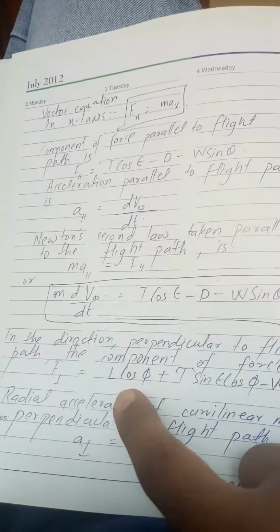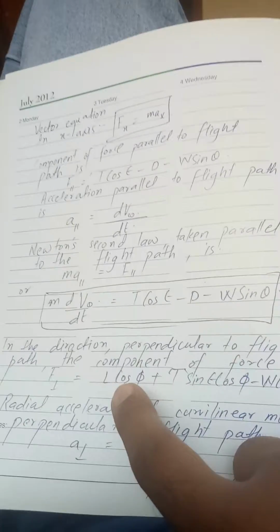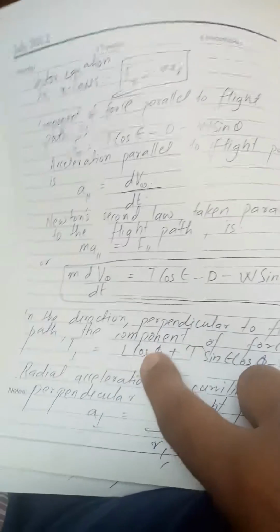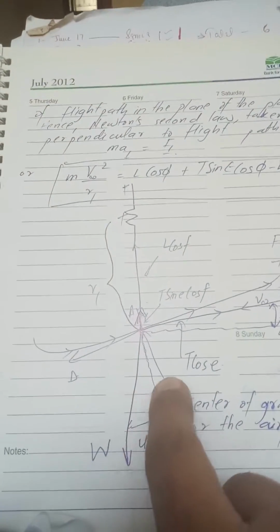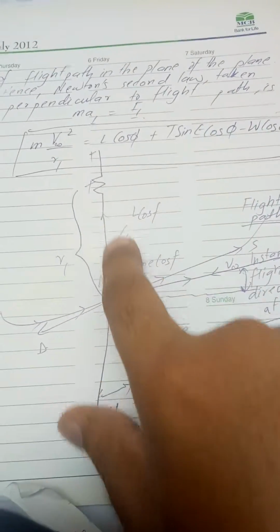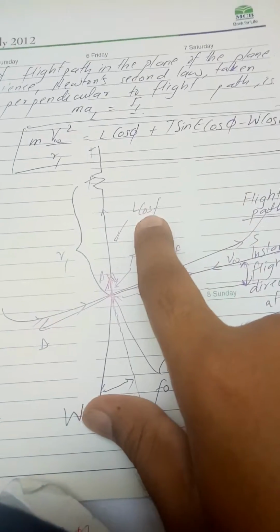We have talked about parallel. In the direction perpendicular to the flight path, the component of force would be L cos of theta.